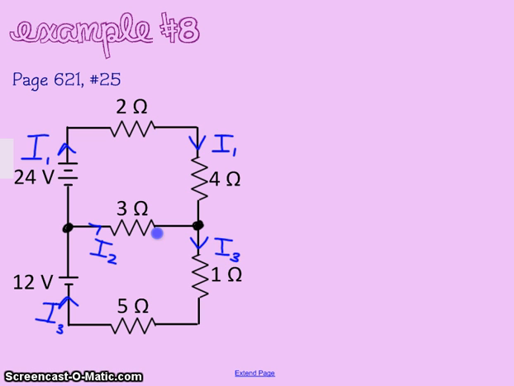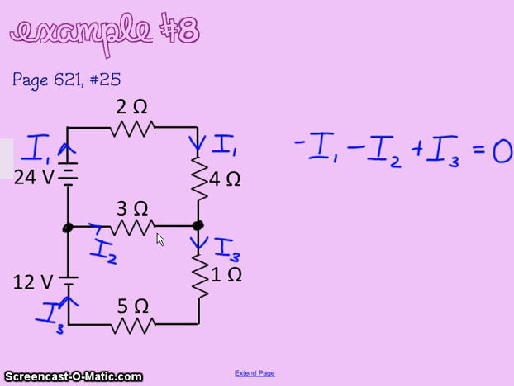So I1 is pointing away from the junction, so I'm going to write minus I1. I2 is pointing away from the junction, minus I2. I3 is pointing toward the junction, so plus I3 equals 0. Again, pointing toward is positive, pointing away is negative.